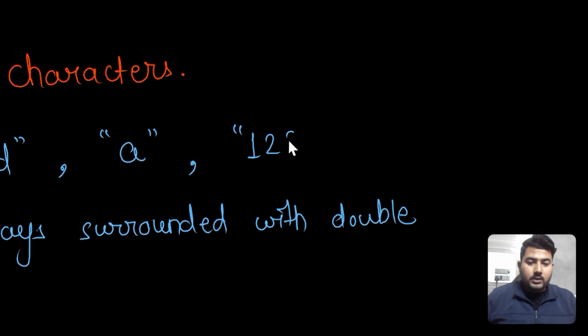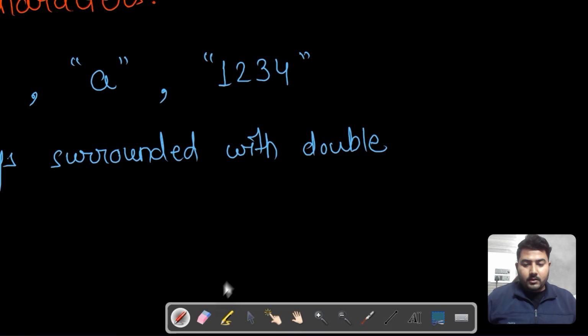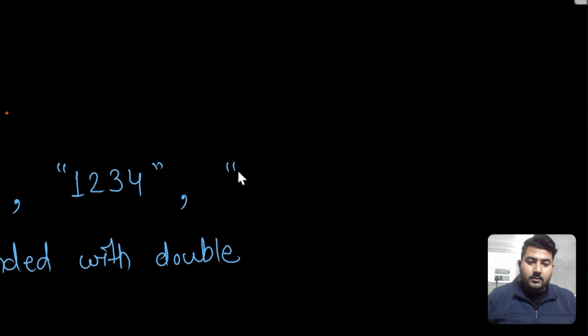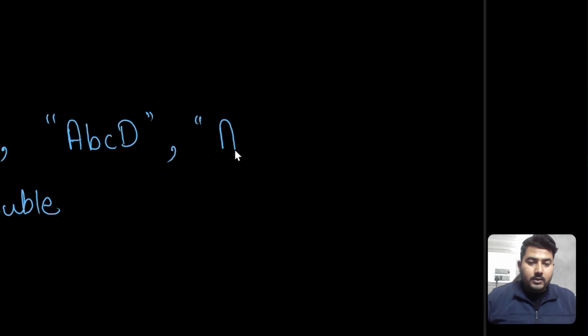Even if I say 1 2 3 4, that is also going to be considered as a string. You can have capital letters as well, along with a combination of small letters. Another example: capital A 1 then small b then small z is also a string because it is surrounded with double quotes.